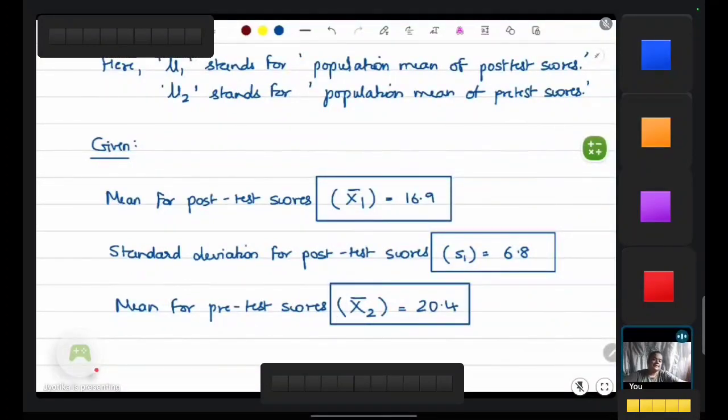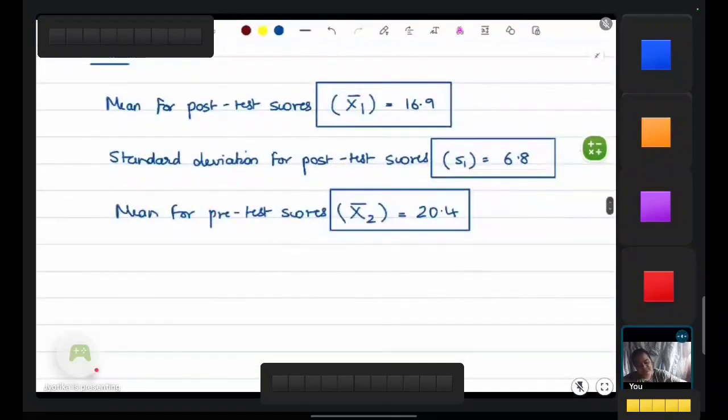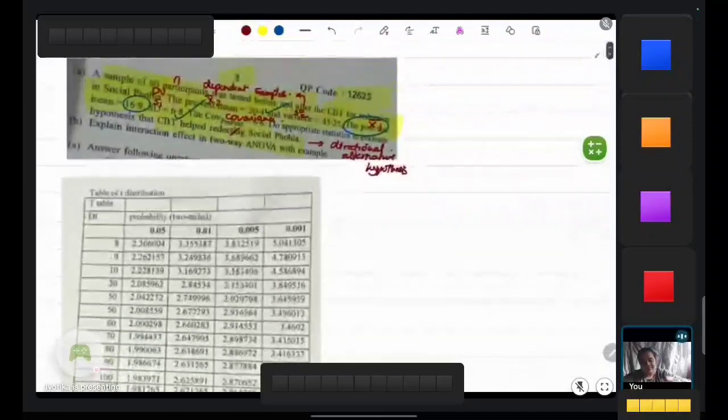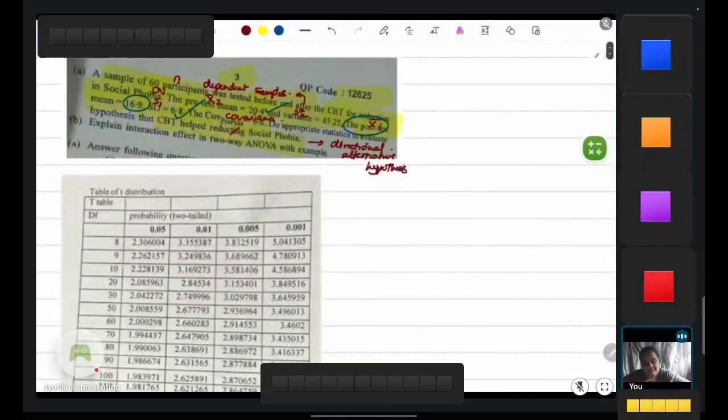Now we need the standard deviation for pre-test scores, but as we were discussing, we don't have it directly. So first we will write the variance for pre-test scores, S2 square. I will not highlight this. I'm not going to be using this ahead. Variance for pre-test scores is given as 45.25.